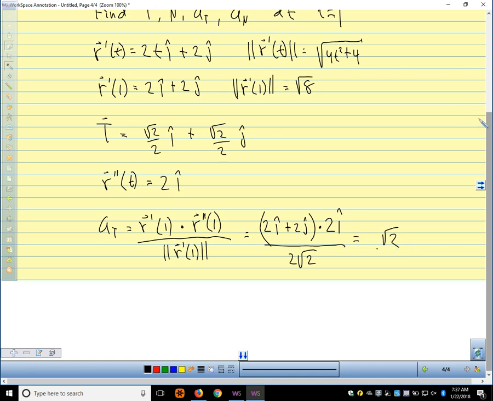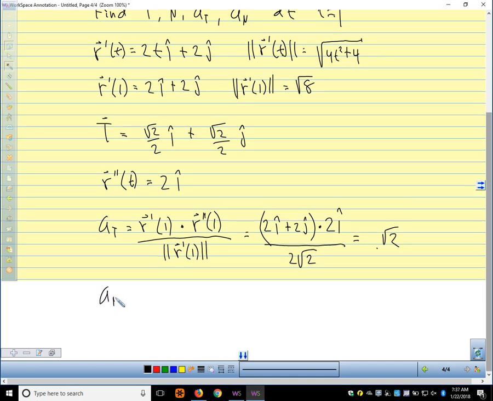Our normal component of acceleration is the magnitude of R prime at 1 cross R double prime at 1. We take the magnitude because we want our normal component of acceleration to be a scalar quantity, over the magnitude of R prime at 1. And when we take R prime at 1 cross R double prime at 1, just like our integral of the day, we just get a k hat component.